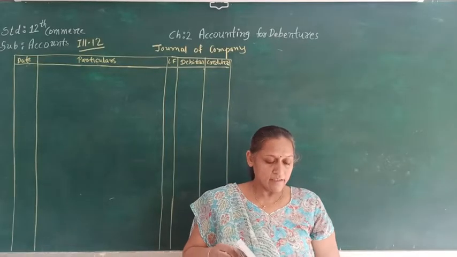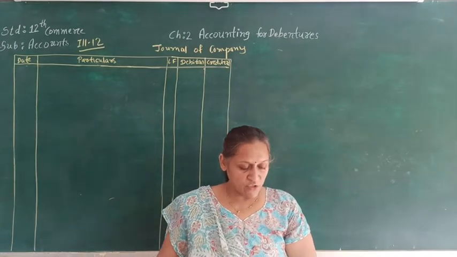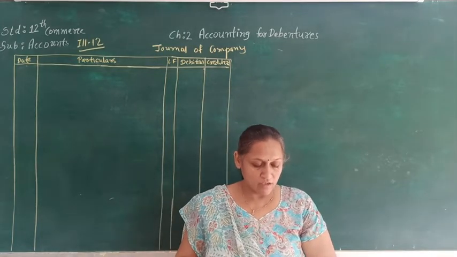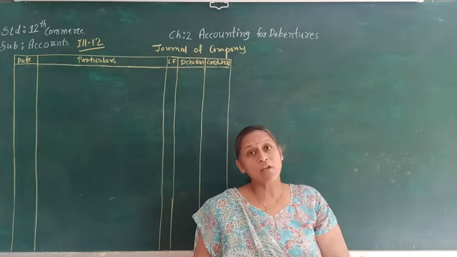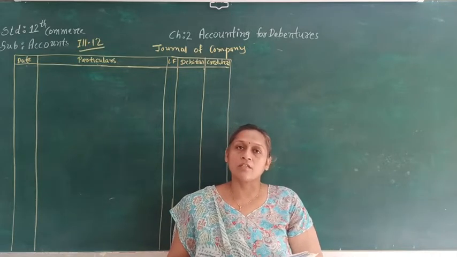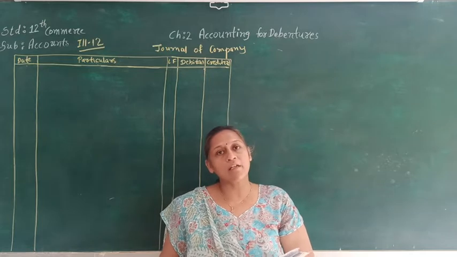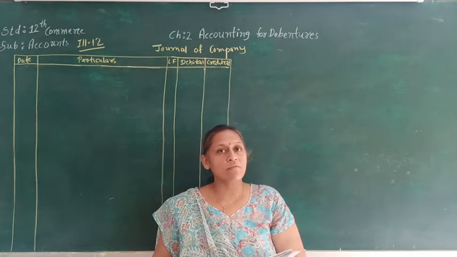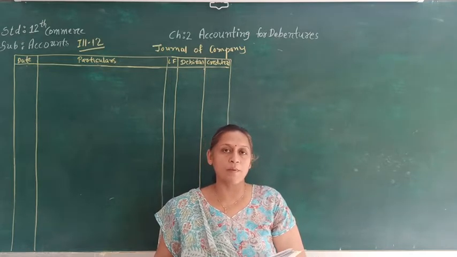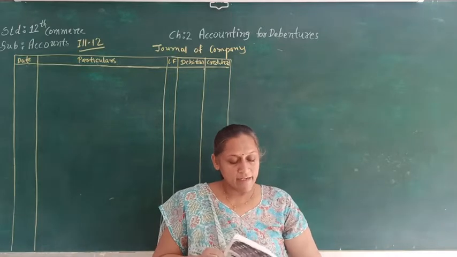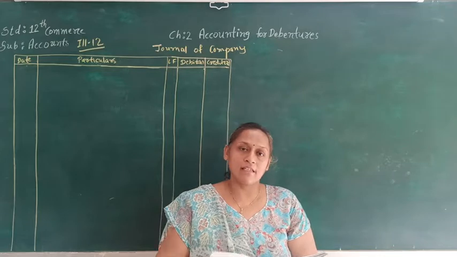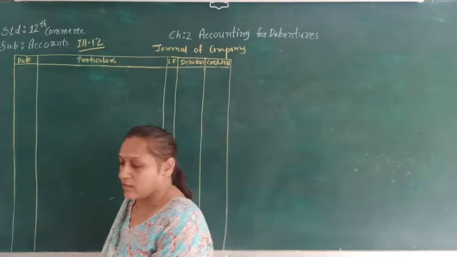Now let's see the third situation, where issue of 5,000 10% debentures of rupees 100 each is at a premium of 8%. Here the premium is given in percentage, so 8% means rupees 8, as the face value of the debenture is rupees 100. So 8 rupees will be the premium, and redeemable at par.